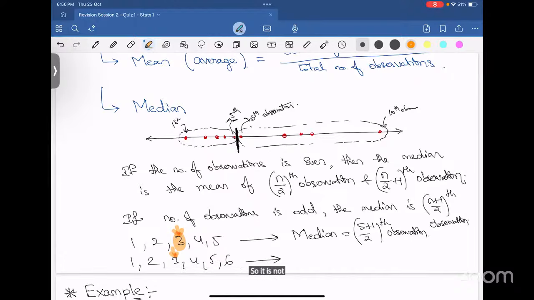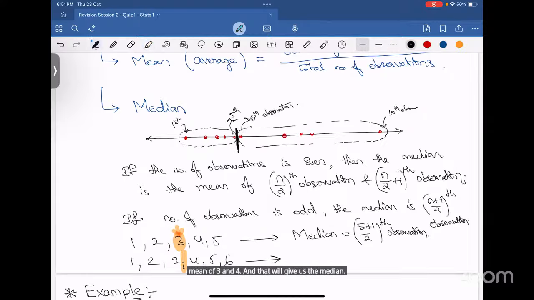So it is not equally divided. I'll have to choose somewhere in between 3 and 4, right? So we'll just take the mean of 3 and 4, and that will give us the median.